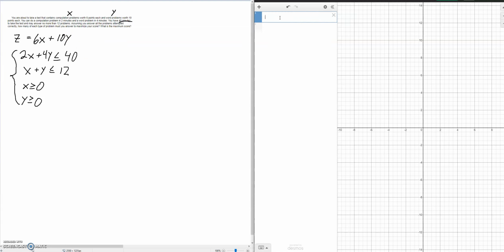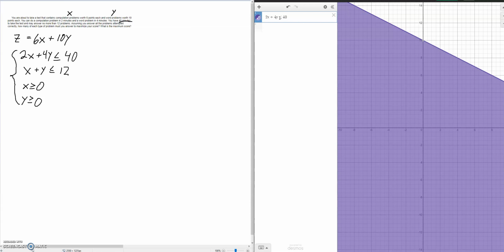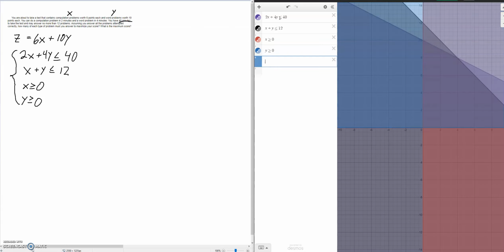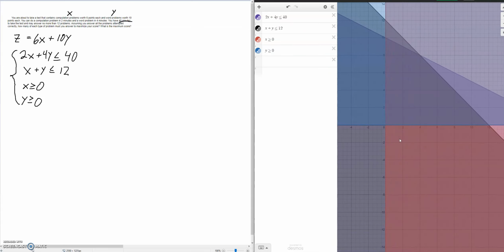Third step, graph your constraints. 2x plus 4y is less than or equal to 40. x plus y is less than or equal to 12. x is greater than or equal to 0. y is greater than or equal to 0. There we go. Now, I'm just going to move this over to make sure we can get all of our area here.